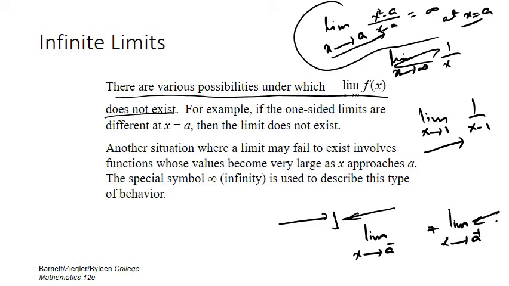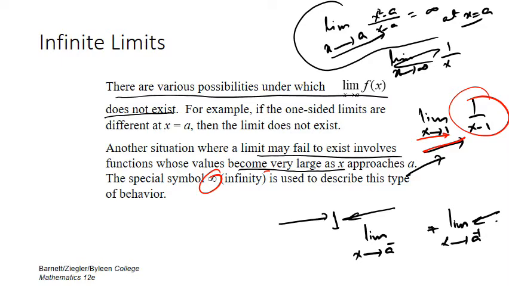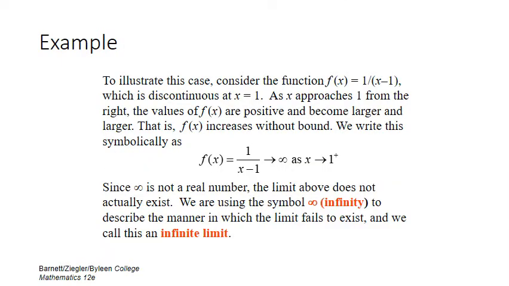Another situation where a limit may fail to exist involves functions whose values become very large as x approaches a. A very good example is this one: when the function is approaching a specific number, 1, its value is becoming very large. In that case we say that the limit does not exist, and we use this symbol to denote this.